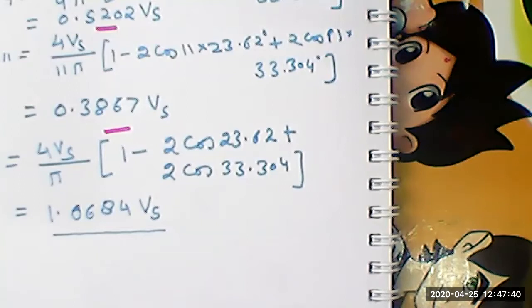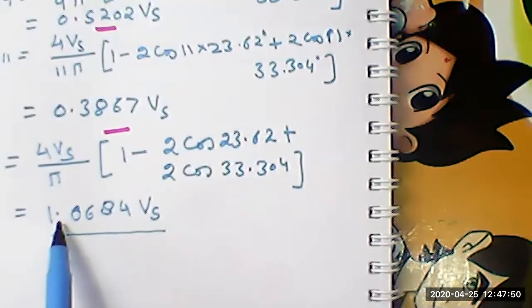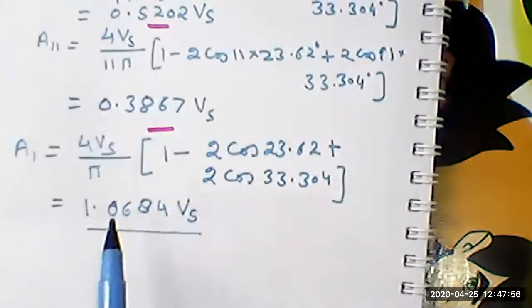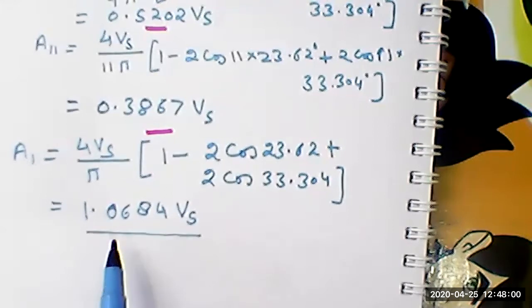Because there the value was 1.27 Vs. As compared to 1.27, it is reduced to 1.06. So you have to compromise with the amplitude of the output voltage at the cost of harmonic spectrum.